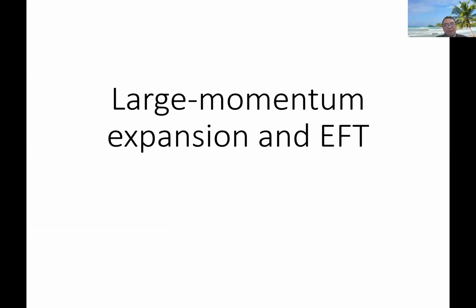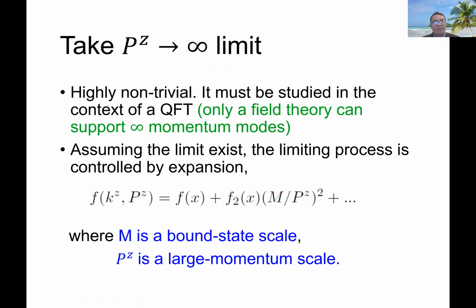Okay, so that brings me to the large momentum expansion and effective field theory. If you want to calculate partons using Feynman's approach, you want to take the infinite momentum limit, which is very difficult. And nobody knows how to create a hadron state with infinite momentum.